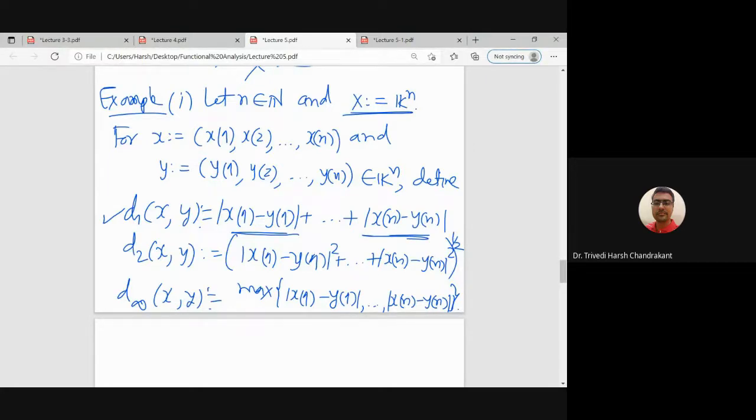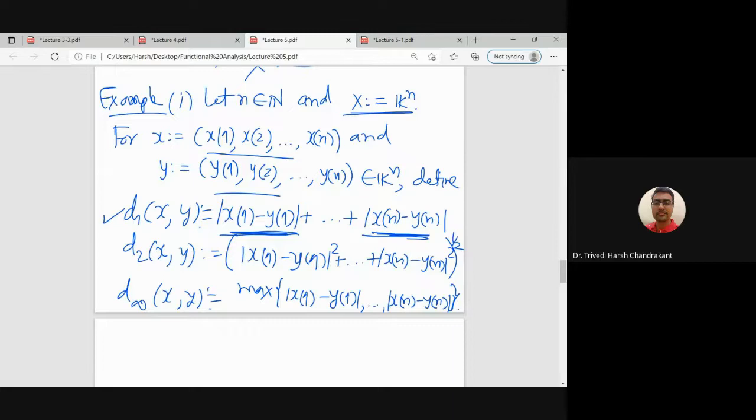So d1 of xy is 0 means each term is 0, so x1 equals y1, similarly xn equals yn, that means x equals y.